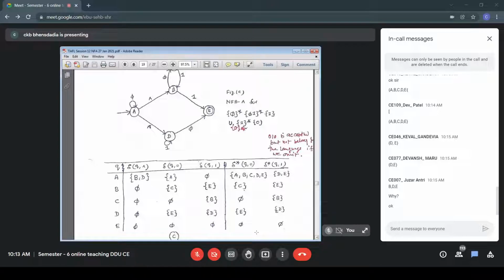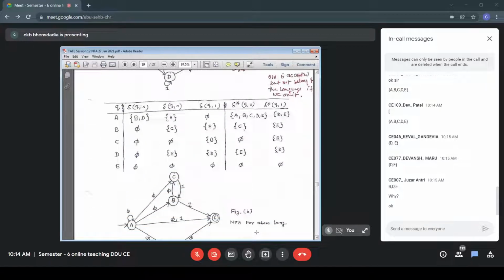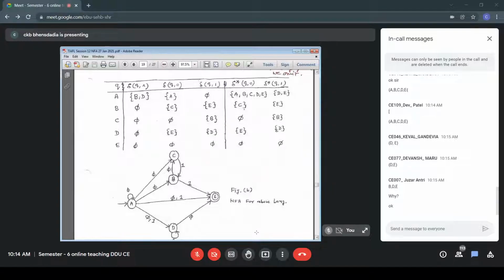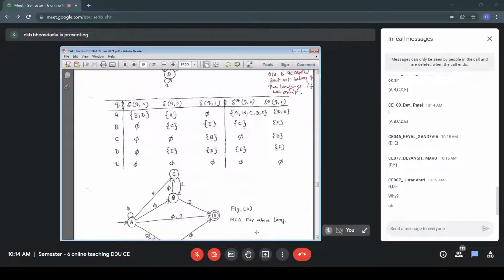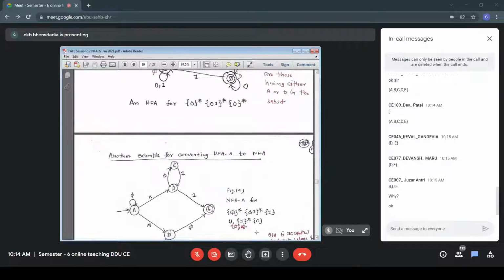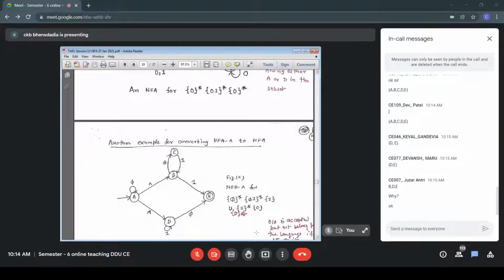So this is my transition table for the NFA. My initial state is A. From the initial state A, using only null transitions, I can't go to any accepting state.